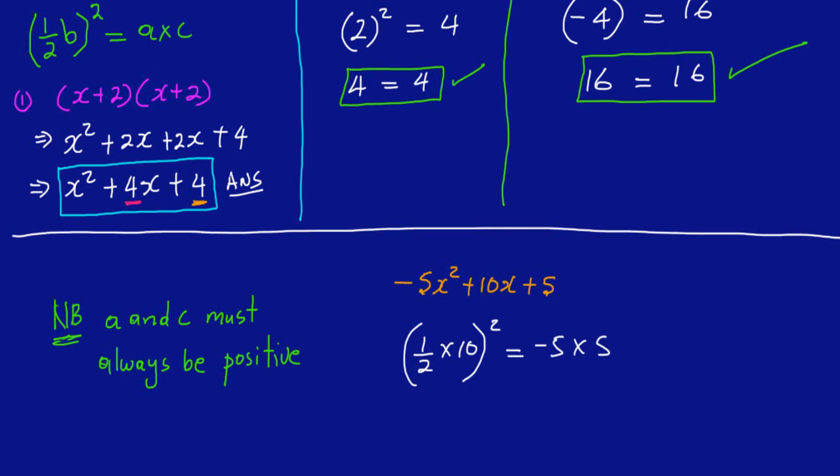Half of 10 is 5 and I'm going to square that, and that must be equal to negative 5 times a positive 5, which will give me a negative 25. And 5 squared is 25. So 25 is not equal to negative 25. So in this case, we have proven that if a or c is negative, it is not a perfect square.